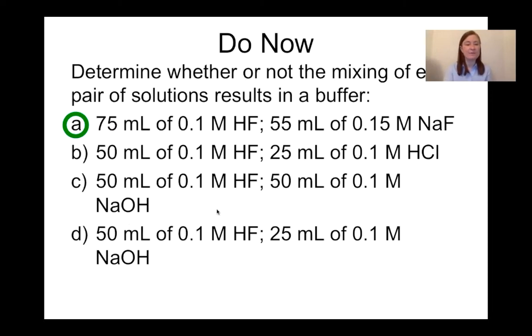Solution C, we've got some weak acid and then a strong base, and we've got equal amounts of both. So in fact, with solution C, these are just going to react together. That will happen with solution D as well. Solution C and D, we both have HF and NaOH. So in both cases, you're going to actually have this reaction.